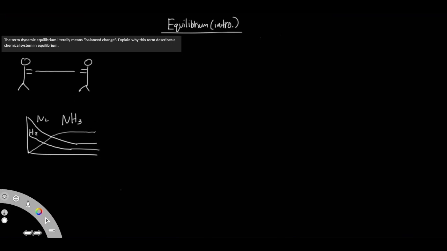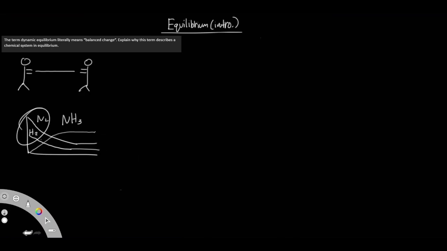But it's not going to keep going down. It's going to remain at a standstill because eventually these products are going to be creating more of these NH3. You see how this NH3 over here is not going to keep going up because it's going to decompose back into this. That's why it continues to go parallel as this one is and as this one is.